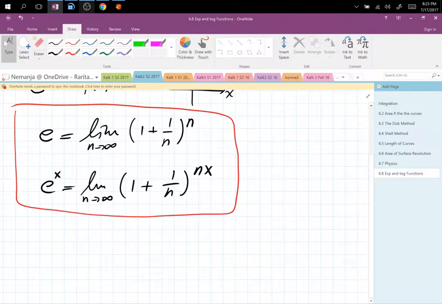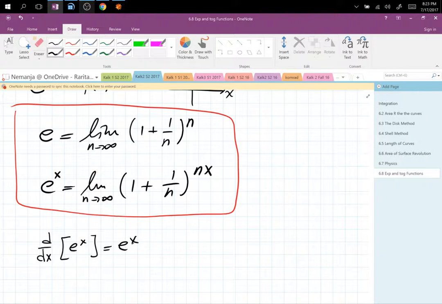And now we understand that we can take the derivative of e to the x and get e to the x. Now you might ask why, and I will tell you now because there is a proof that utilizes the limit definition of the derivative, with limit h goes to 0 of f of x plus h minus f of x over h.